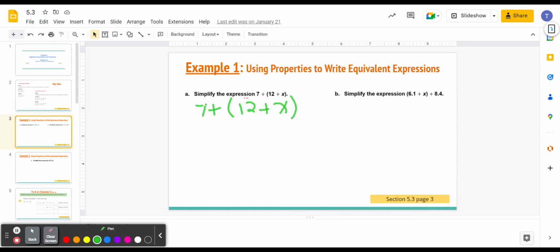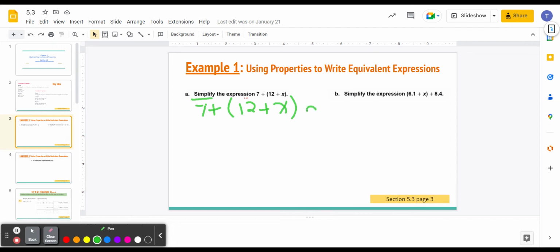So we want to simplify. And in order to simplify this, we're not actually going to be able to solve entirely because there's an x in there. And that variable, we don't know what the variable is. But we can combine other like terms. So if I did one of the properties, I'd be able to simplify this a little bit more.